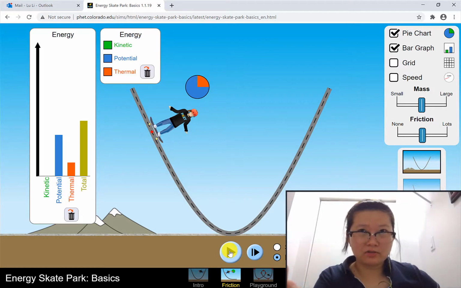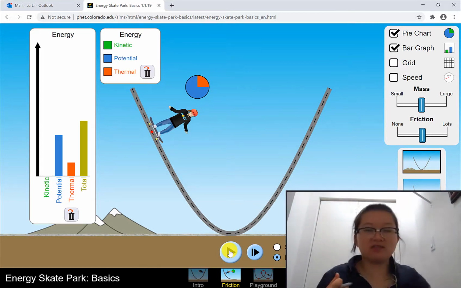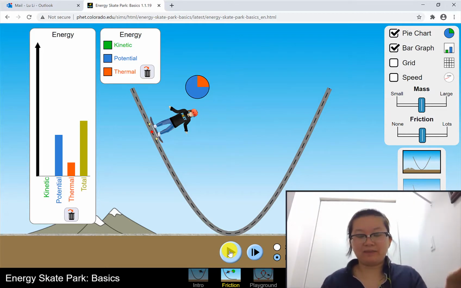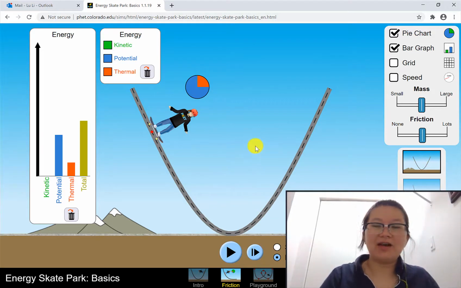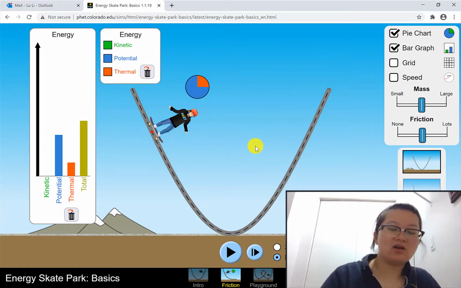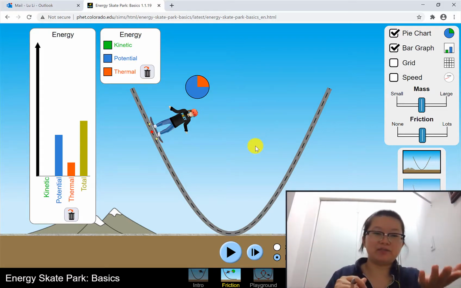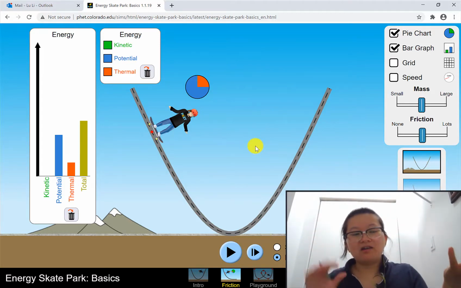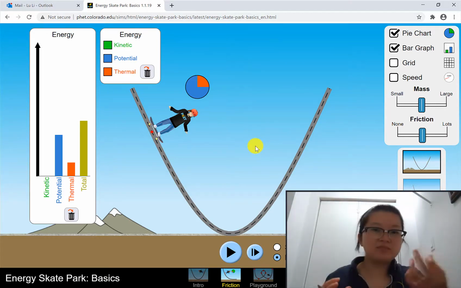It's not the only non-conservative force here, but it takes away mechanical energy from our system, mechanical being potential and kinetic. And the other property of a non-conservative force is the fact that it's path dependent. Why? Think about work. Work is force times displacement. If you have a longer path, the force acts for a longer displacement, therefore doing more work.